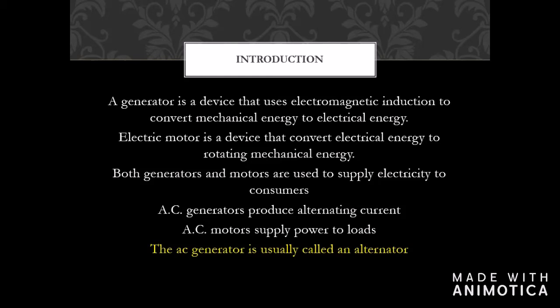AC generators produce alternating current. AC motors supply power to loads. So generators produce alternating current while motors supply power to loads. All right, and that power is in the form of mechanical energy. The AC generator is called the alternator.